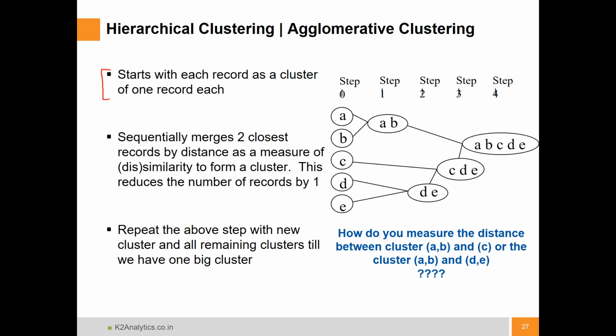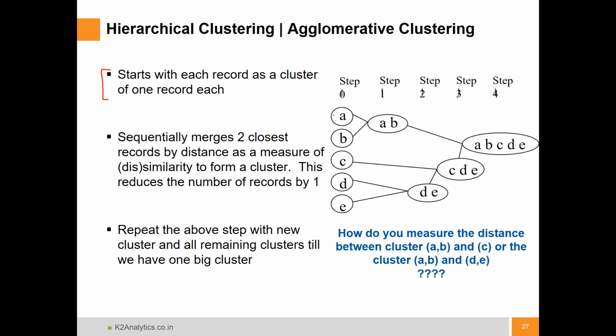Anyways, I already said hierarchical clustering should not be used when you have 1 million records. So let me reduce this number. You have got 100 stores. Then 100 stores means you have 100 clusters. Each store is considered a cluster of 1.